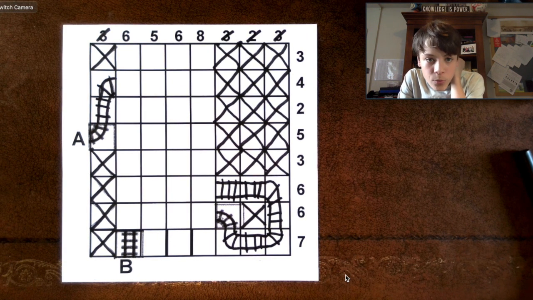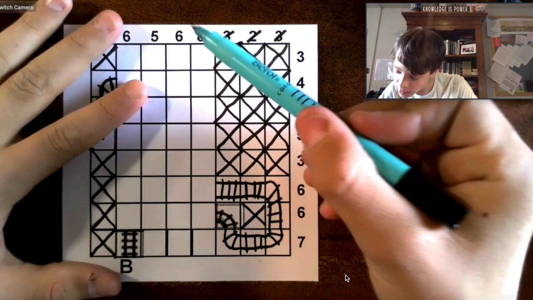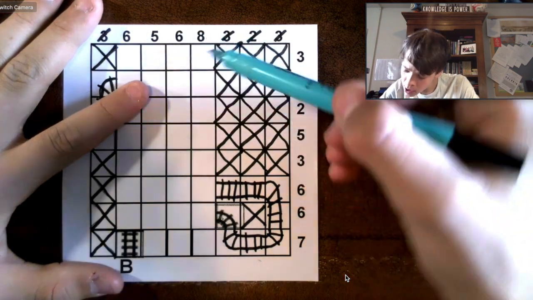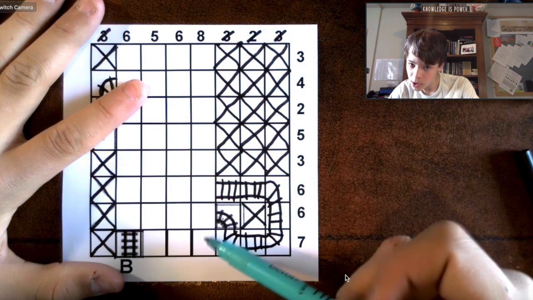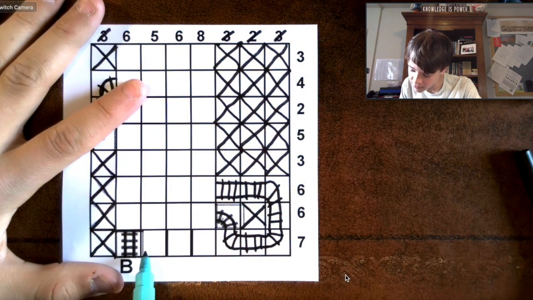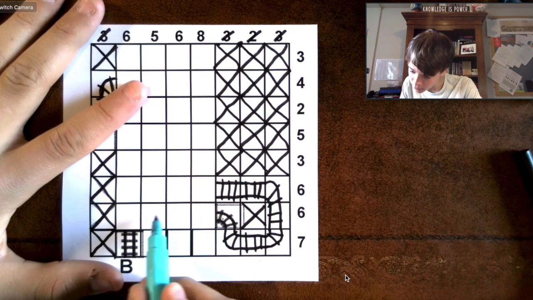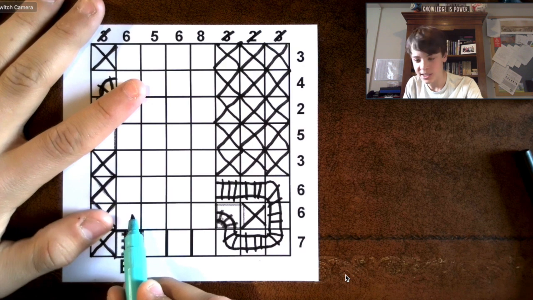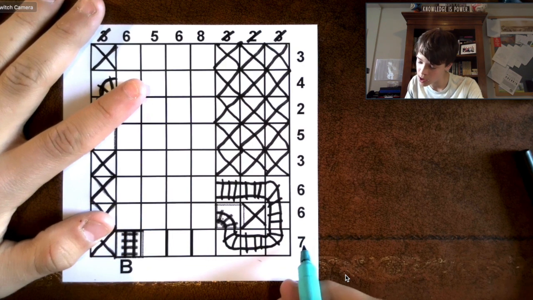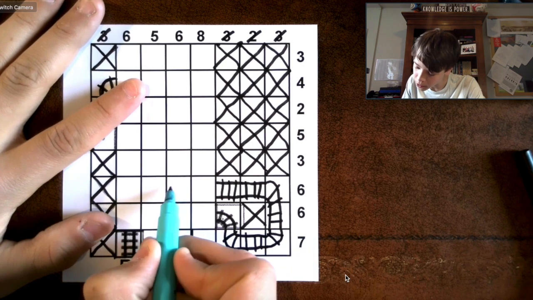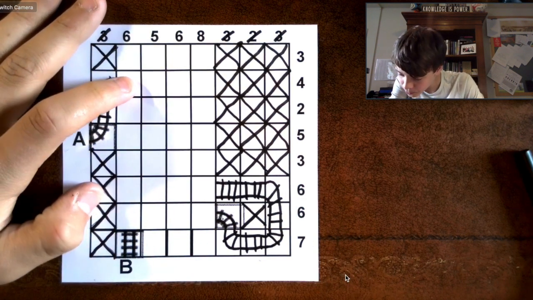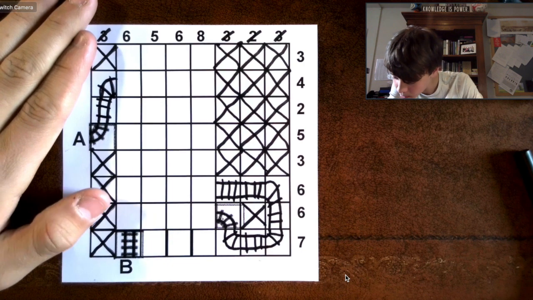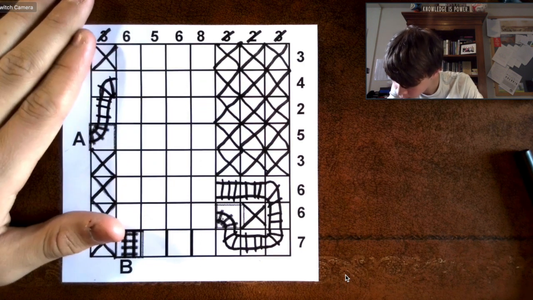So we know now that because it's 8 here, all of these boxes in this row have to be filled, and all of these 3 have to be filled, as well as all of those 4. Does that make sense? Because of the 6, the 7, whereas one of these 4 boxes is going to be a cross. We're not sure which at the moment, but let's have another look.